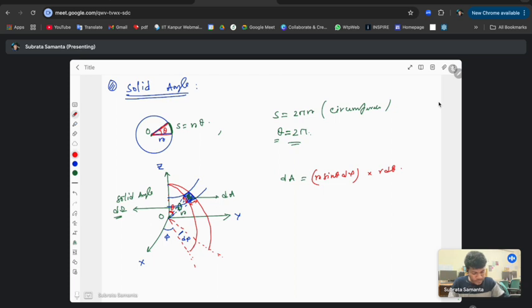Okay, let's zoom into this. So I have this kind of area. The length of this is r sin theta d phi, and the length of this is r d theta.